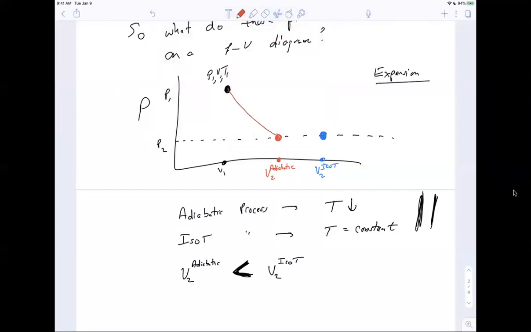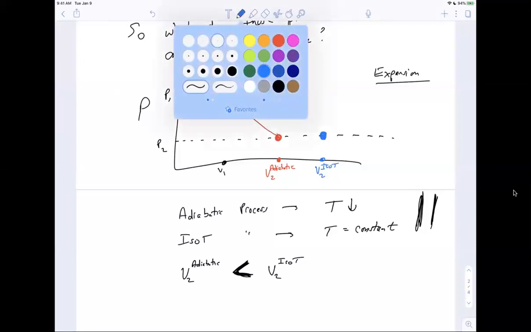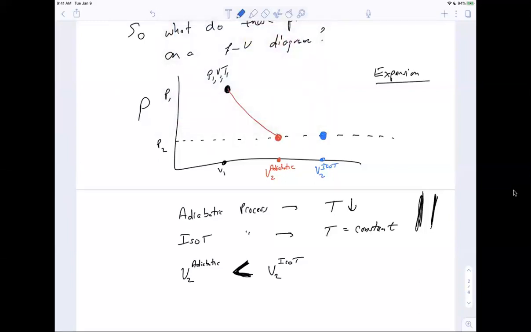Okay? And then for the isothermal case, is that curve going to be steeper or a little bit more shallow compared to the adiabatic case on this plot? So we're going from the black point to the blue point. If we compare a curve that I would draw, do you think it's going to be shallower or steeper than the red curve?